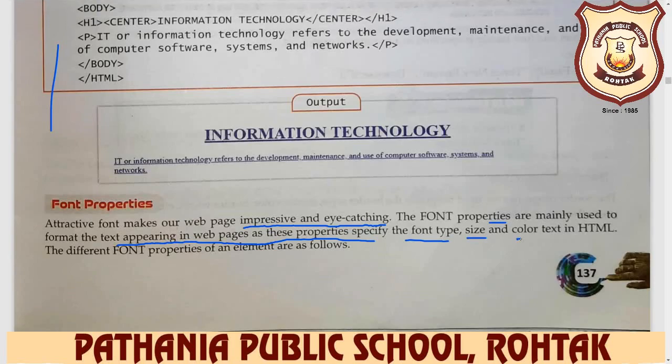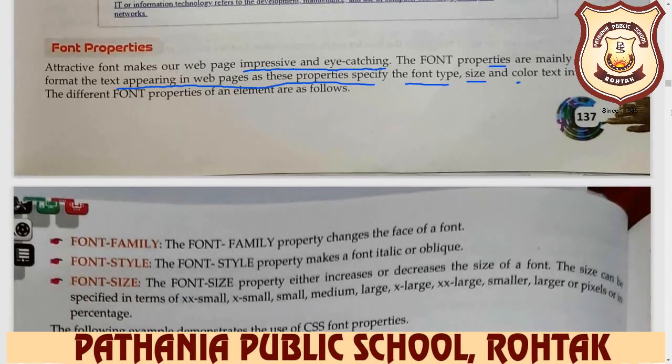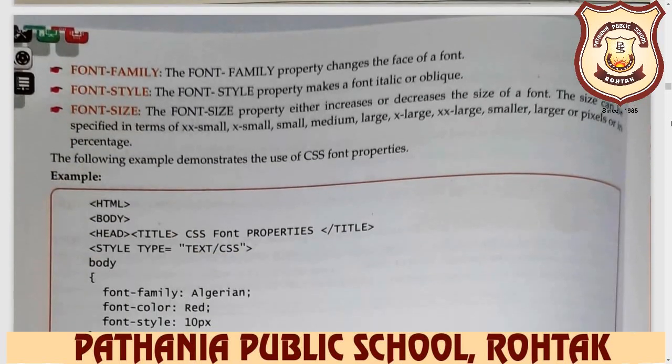The different font properties of an element are as follows. Like this, you see. From the font property, there are three main types: font family, font style, and font size.